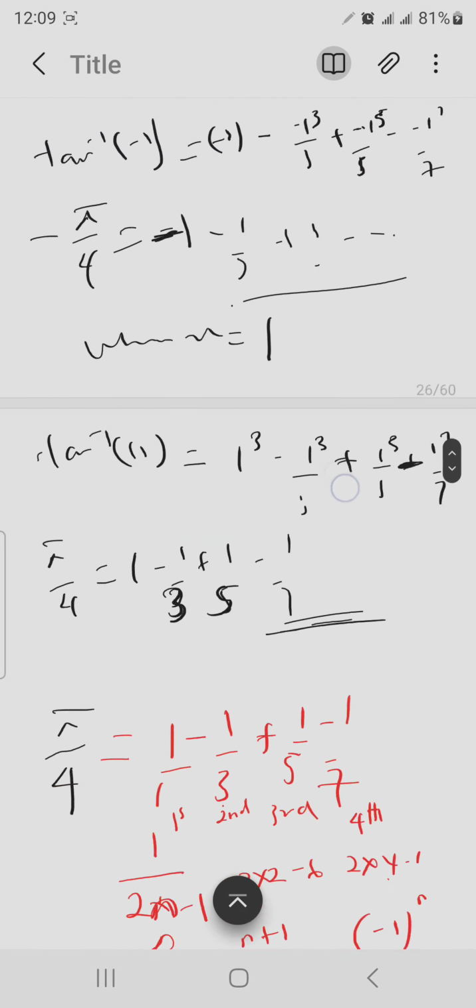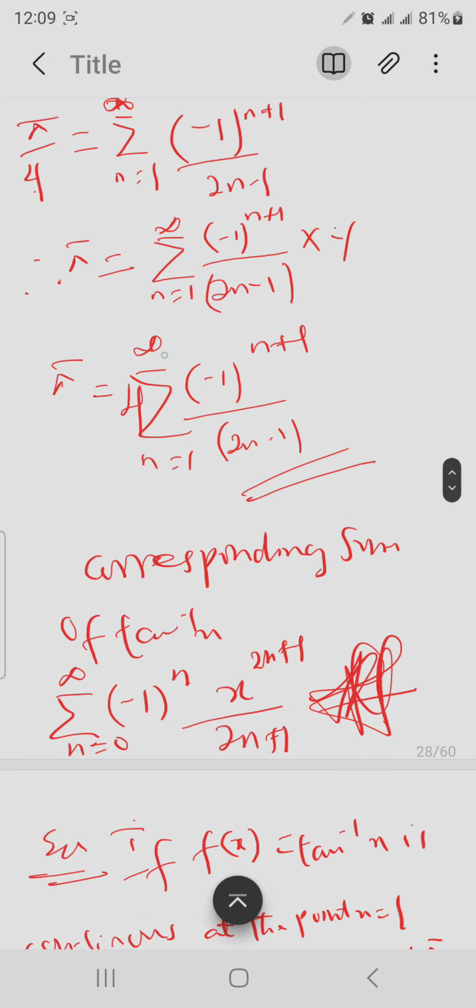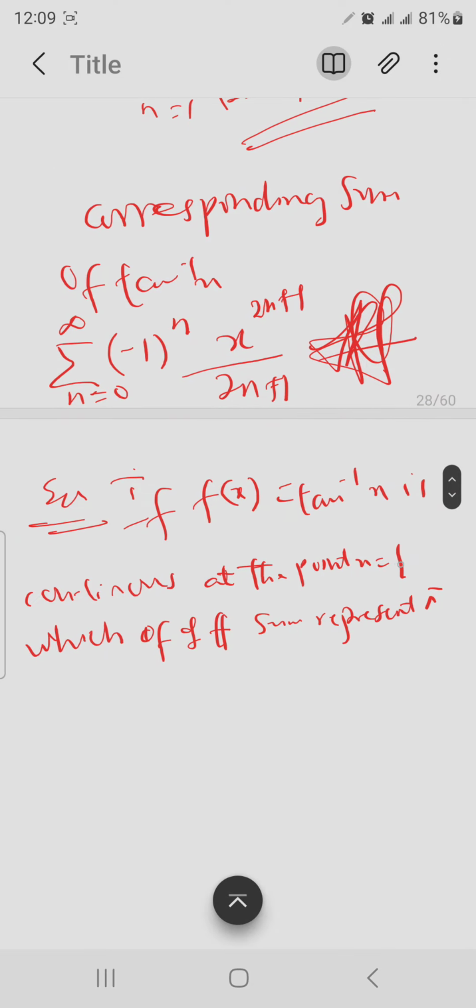So the answer is the one that I did. Pi over 4 equals this. When you find the arctan of this, you put x equals 1 there. The question is missing something. It's supposed to be at an interval of pi over 4. They now tell you to find pi, but they did not state pi over 4. You understand what I mean by that?